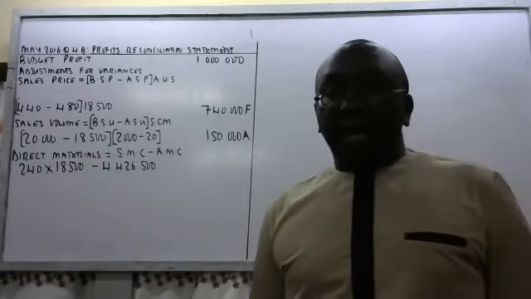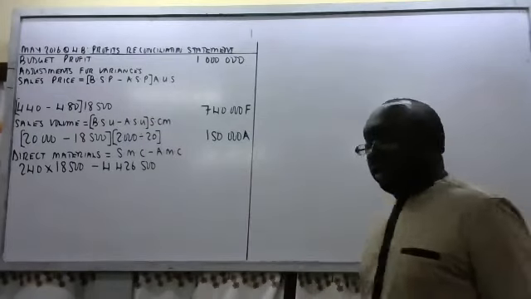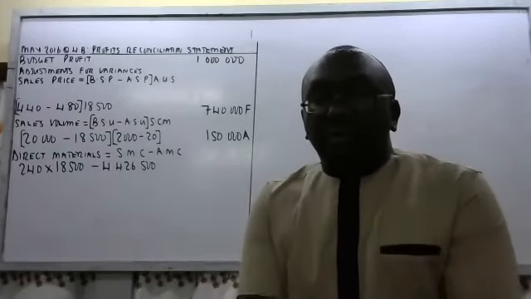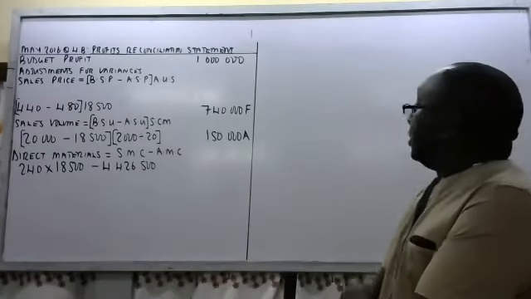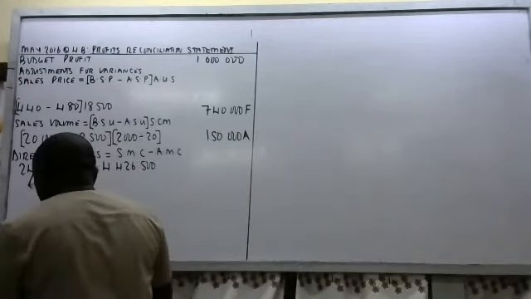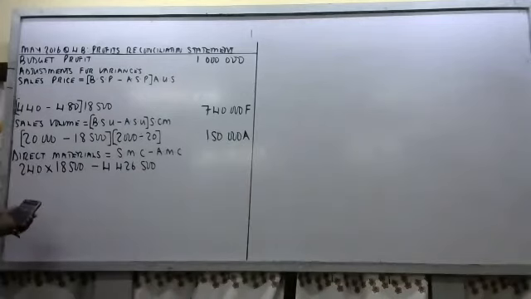Yes, Isa, Ann, June, Churchill. Some are saying favorable, others are saying adverse. So let me compute: 240 times 18,500 minus 4,426,500.